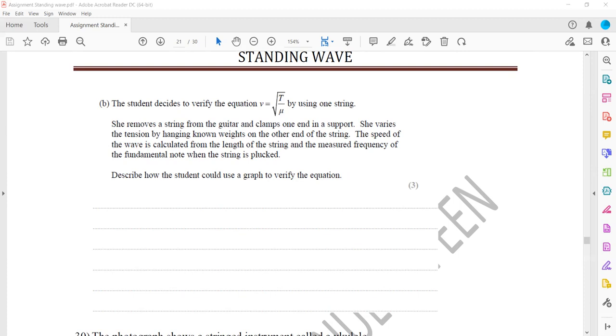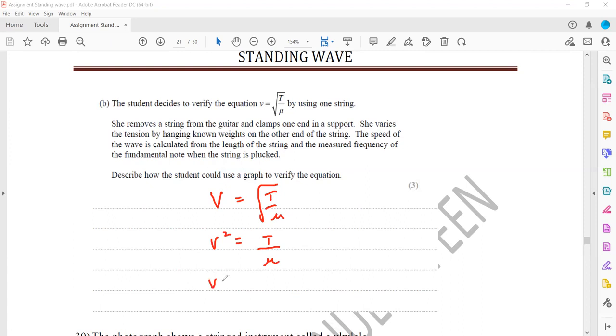The student is varying the tension and calculating a frequency with reference to that. So we have V equals root T divided by mu. If I square this equation on both sides, it becomes V squared equals T divided by mu.